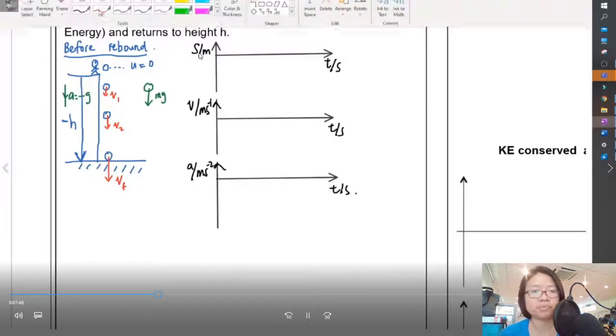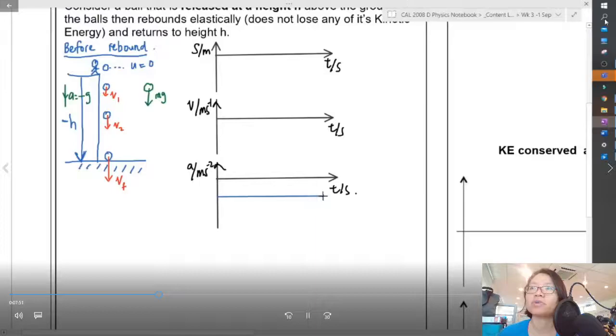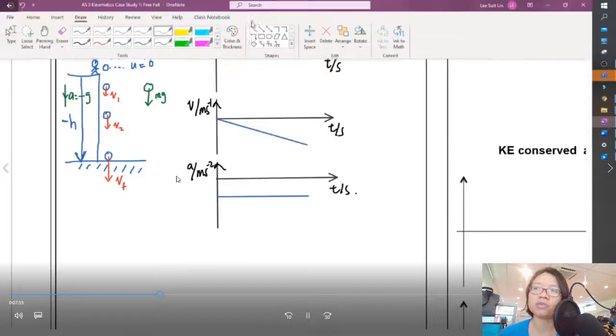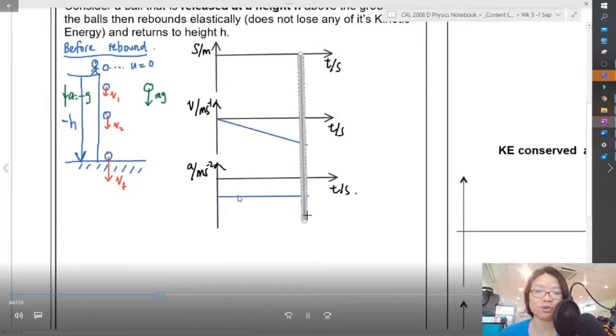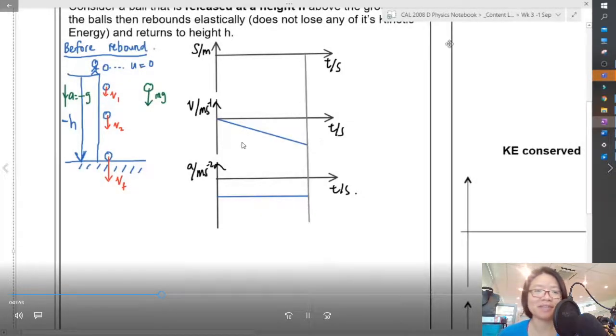So from here, when I release the ball, the easiest one to draw is the acceleration, because it's always constant. And then velocity will increase at a constant rate. It's going to be a straight line, starting from 0 because when you release the ball, speed is 0. The displacement will be a curve, with increasing negative value and increasing negative gradient.